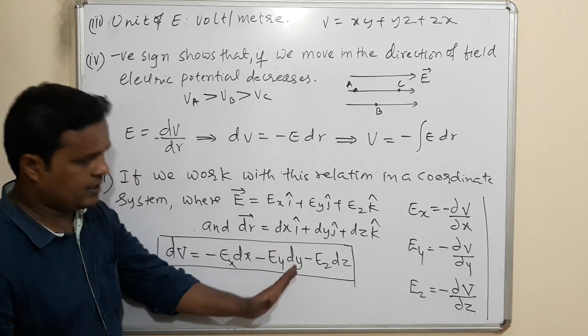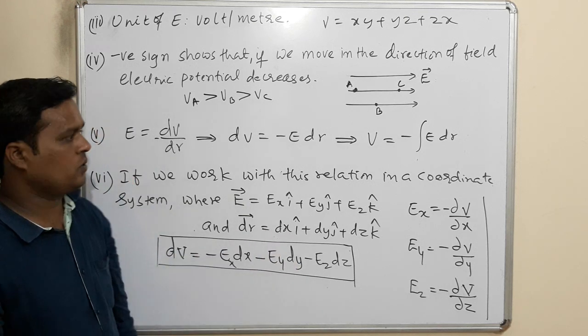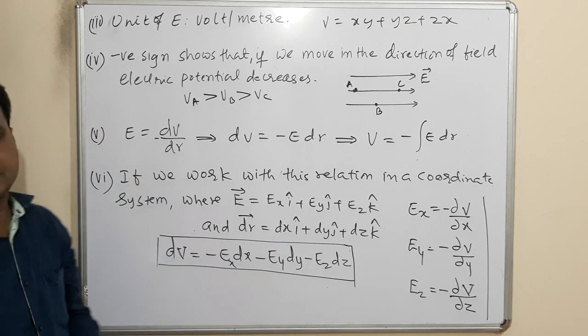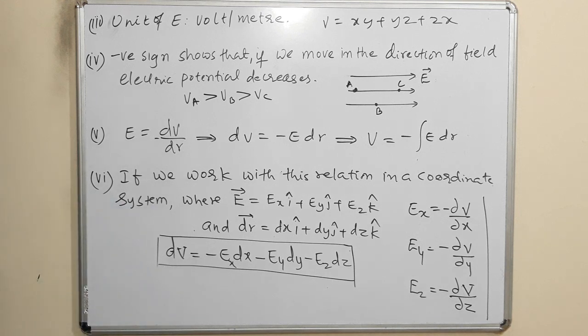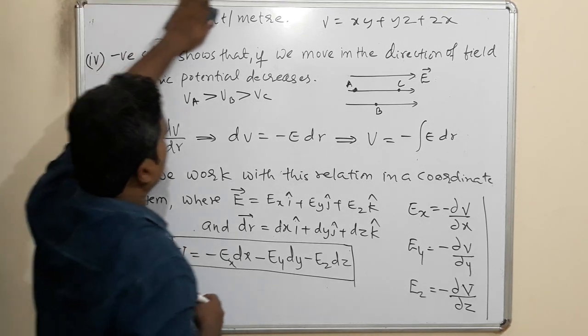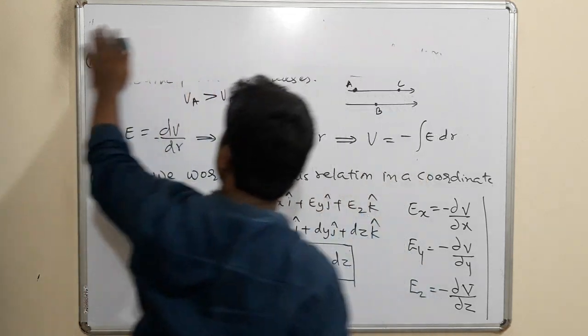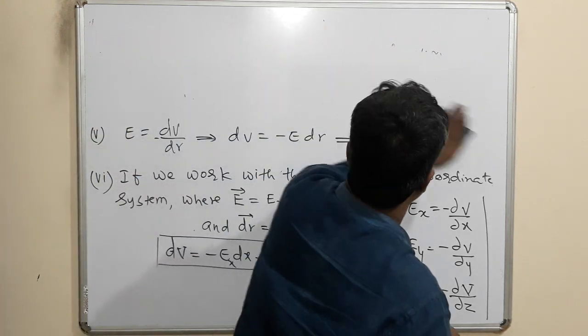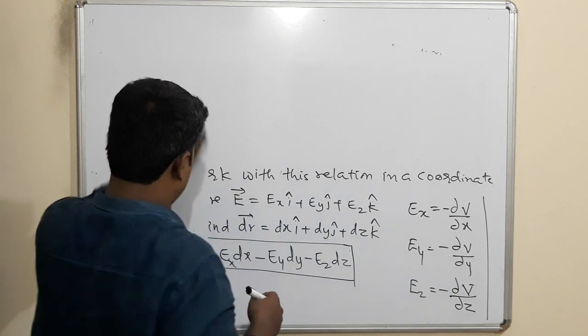We will try to understand it in the first example that we are going to solve. Make a note of this. Written? Can I wrap this? We'll go for examples. We understood this relation and its importance now.